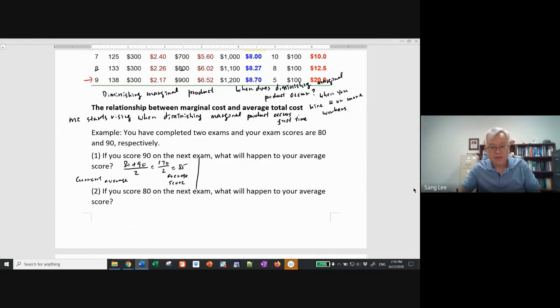Now what will happen to your average score if you score 90 on the next exam? Your current average is 85. If you do better on the next exam than your current average, what's going to happen to your average? Your average will rise, right?